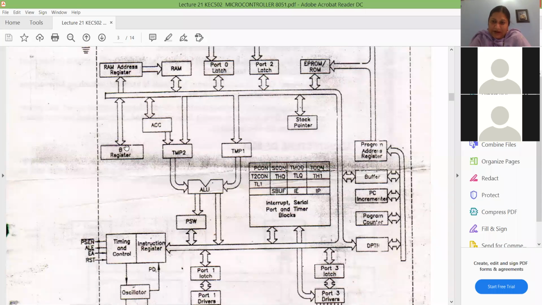So apart from accumulator and B register, how many registers are there altogether? Can anybody answer? How many registers apart from accumulator and B register? Can anybody tell me the number?